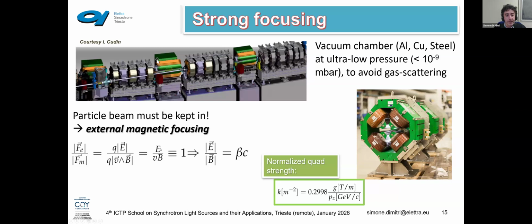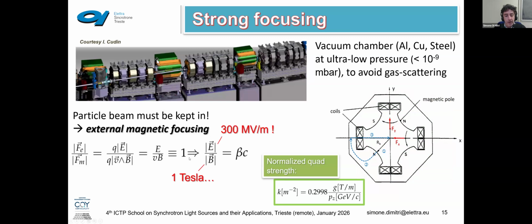The ratio is basically the ratio of the electric field amplitude and the product of the velocity of the particle times the magnetic field. Now you end up with, for the same force, needing, for example, 300 megavolt per meter electric field and equivalently 1 Tesla magnetic field. 1 Tesla can be easily manufactured at room temperature. 300 megavolt per meter is at the state of the art of accelerating cavities, and not even routinely achieved today.